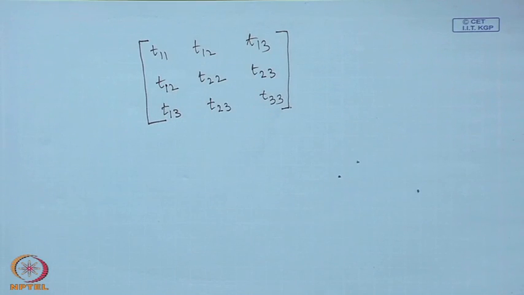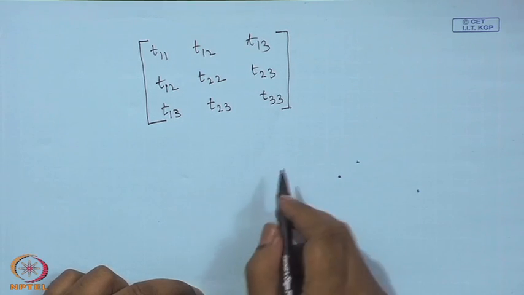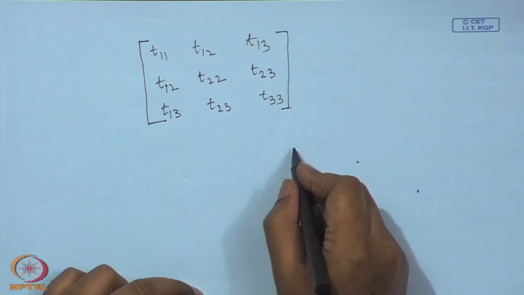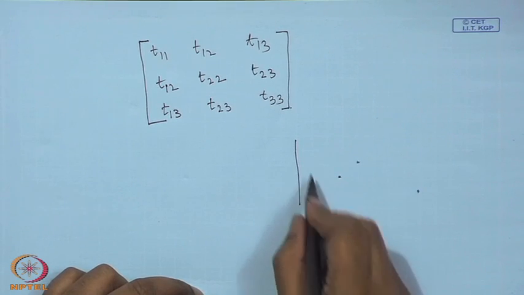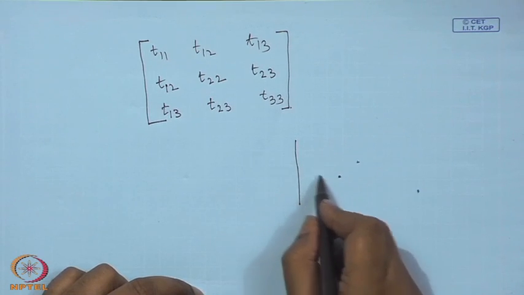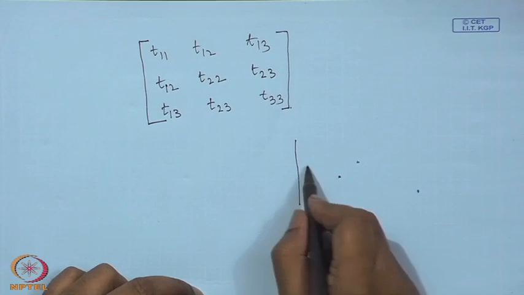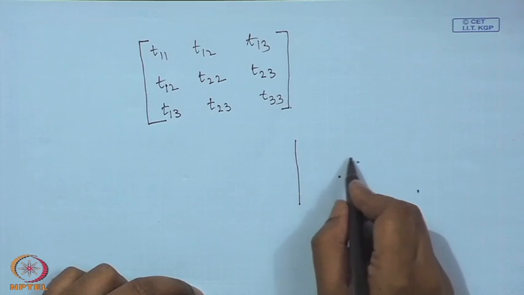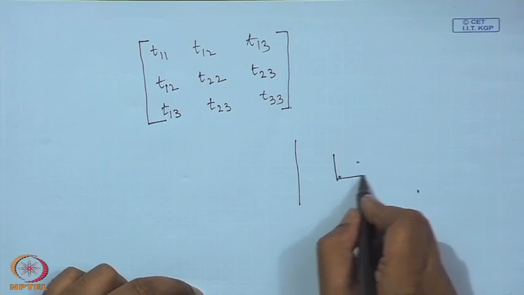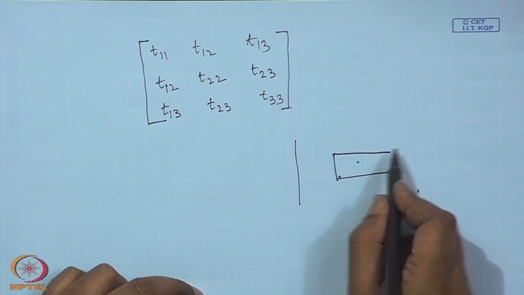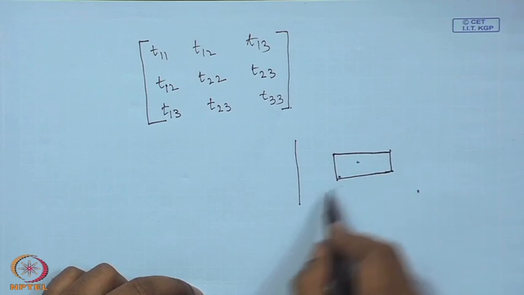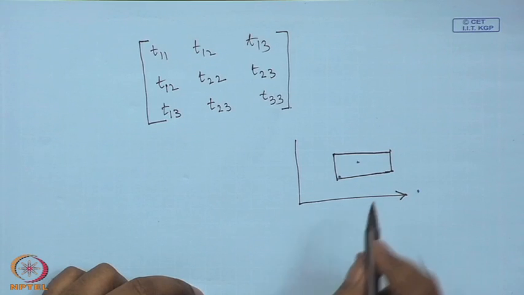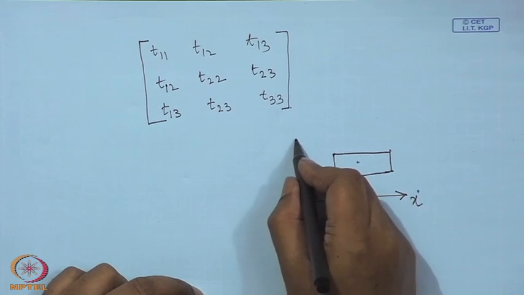The others are T12. It might be easier to comprehend using a 2-dimensional element. In 2 dimensions, an element is simply a small rectangle. Let us call the axes x and y.